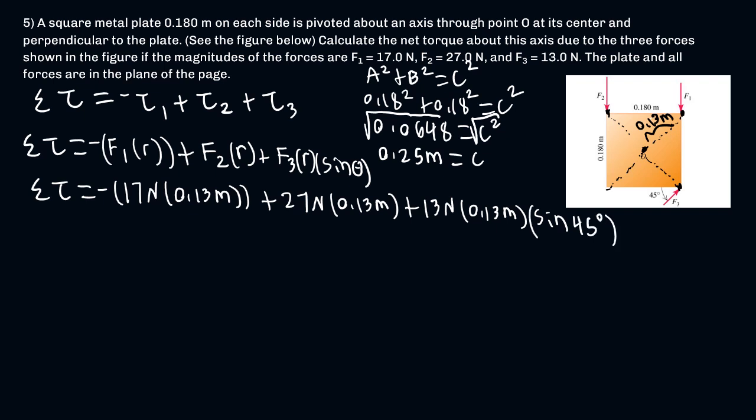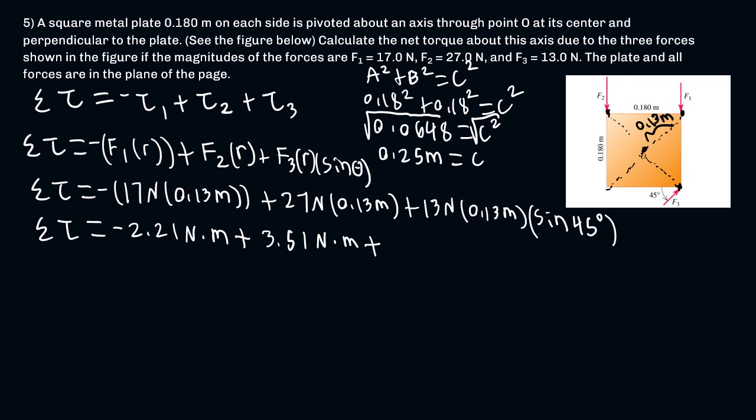Alright, so now you're just going to plug all this into your calculator, and you're going to end up with your answer. So we have here 17 times 0.13, and that is 2.21, so this is negative 2.21, and that is newtons times meters, plus 27 times 0.13, that is going to be 3.51, and that is newtons times meters, and then plus here my final one here, 13 newtons times 0.13, and then multiplied by sine of 45.